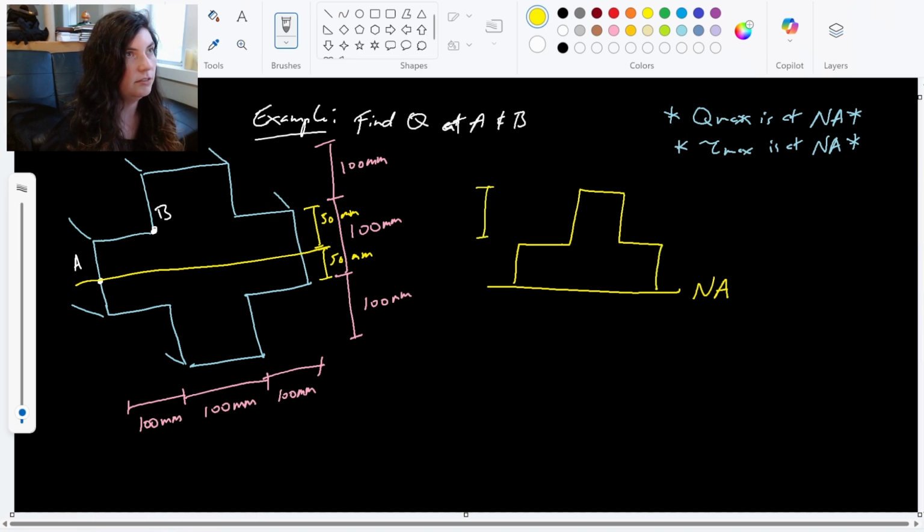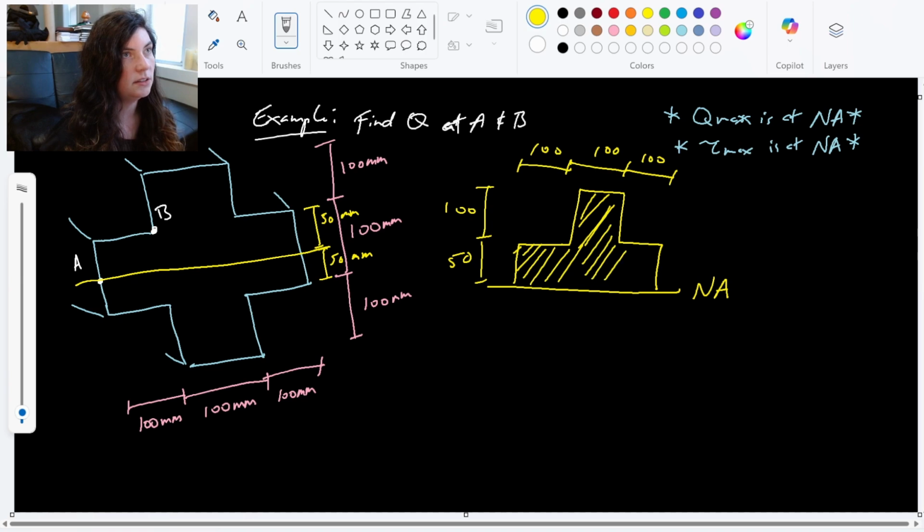So I have that 100 millimeter and the 50 millimeter portions of the cross-section. I'll go ahead and add these distances, 100 millimeters for each section across here. And I'm looking for this entire area. This is our area of interest. It's the area above point A.